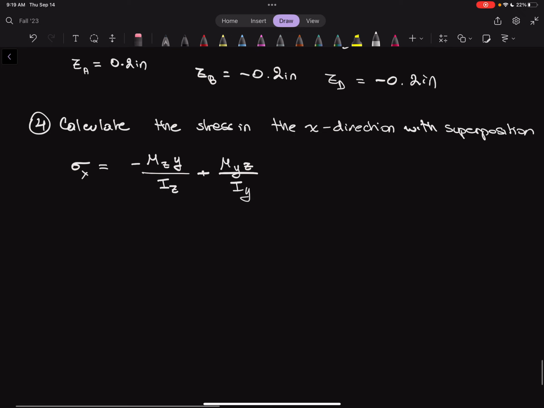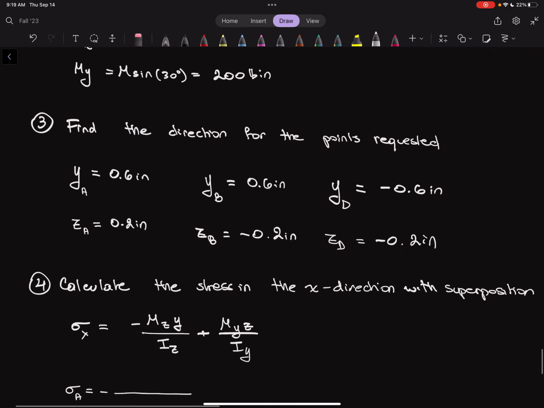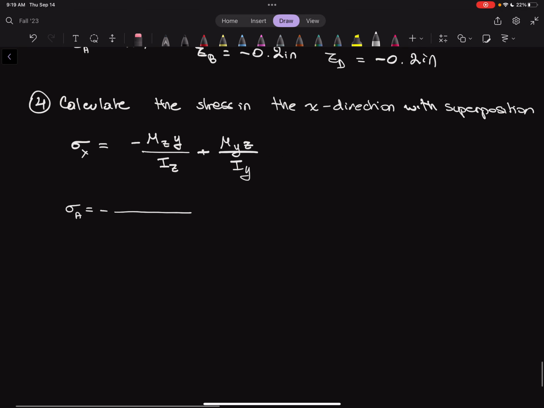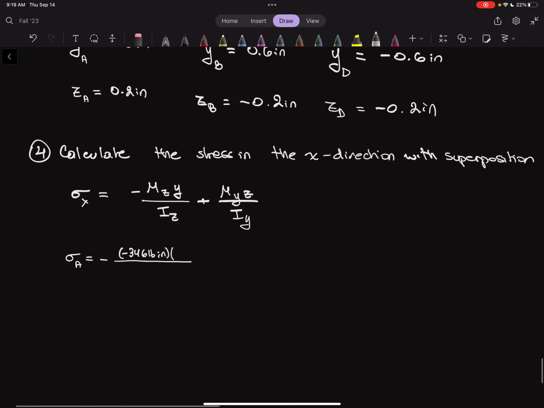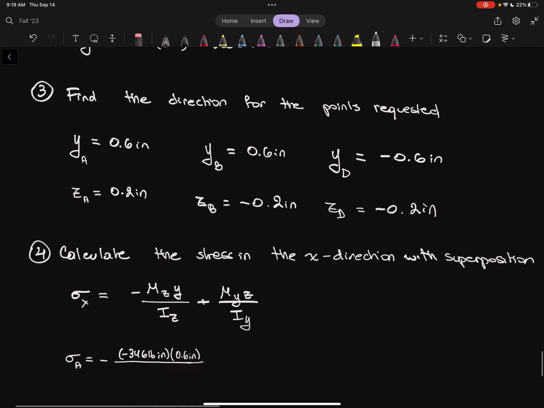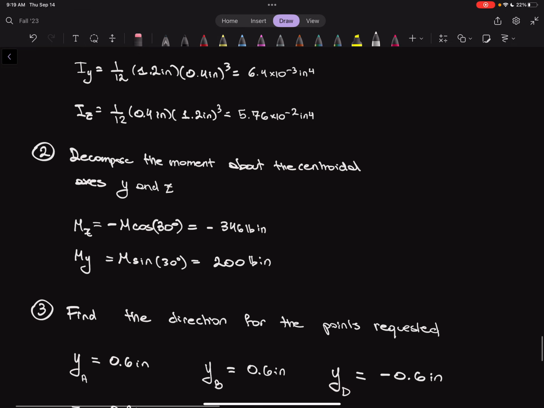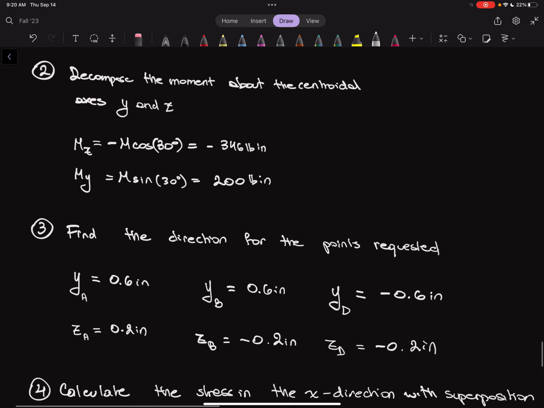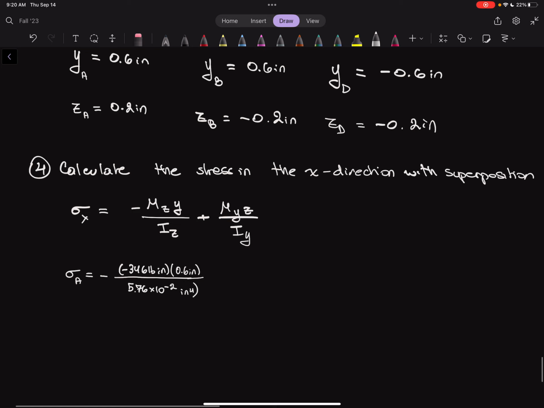So for A, sigma at A is going to be minus Mz, which we said is negative 346 pound inches, times our y at A, which we said is 0.6 inches, all of that divided by Iz, which we said is 5.76 times 10 to the negative 2 inches to the 4th.